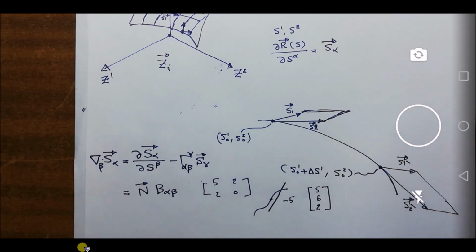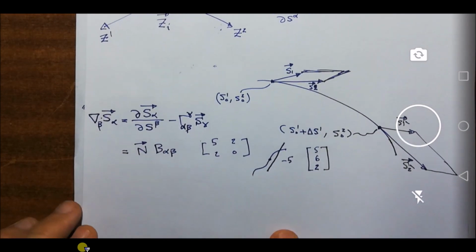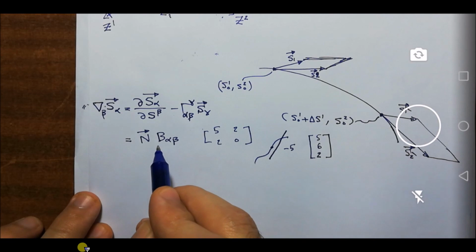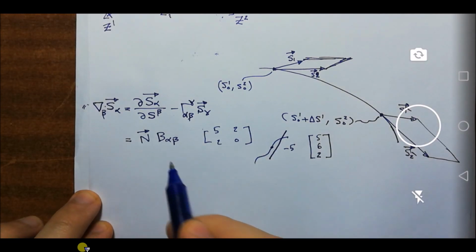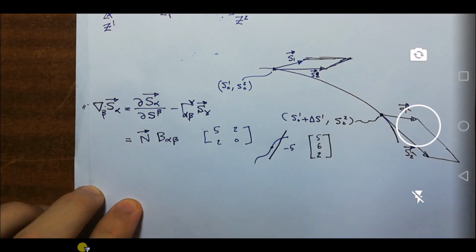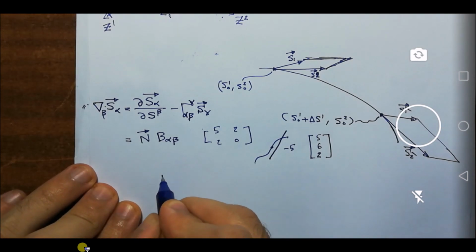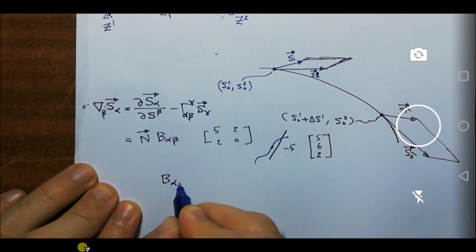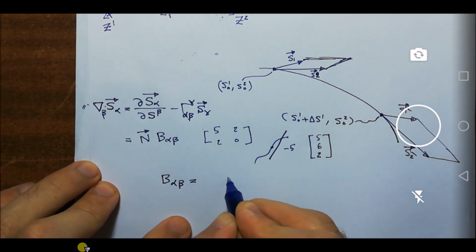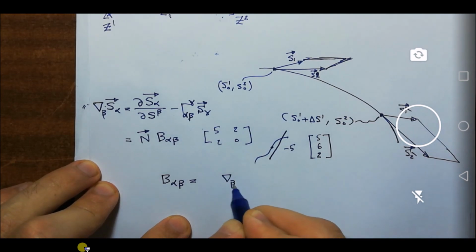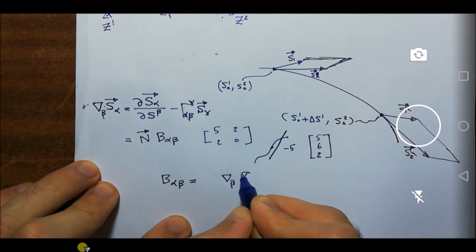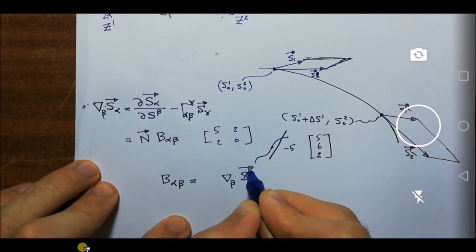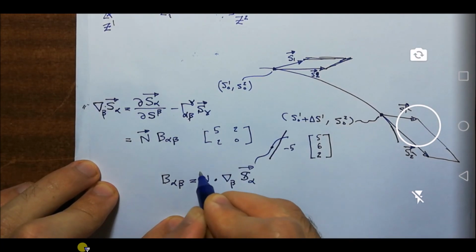Now, before I wrap up this video, let me just write the definition of the curvature tensor B in a formal way, in an explicit way. Let's put it that way. B alpha beta equals the covariant derivative of the covariant basis, that is S alpha, dotted with the normal vector.